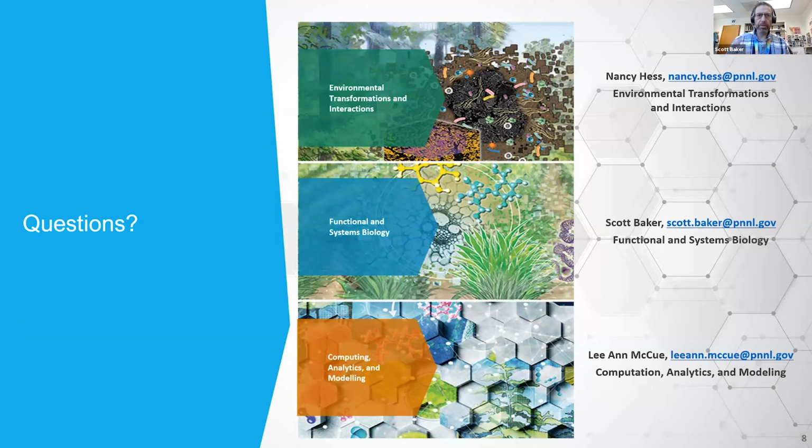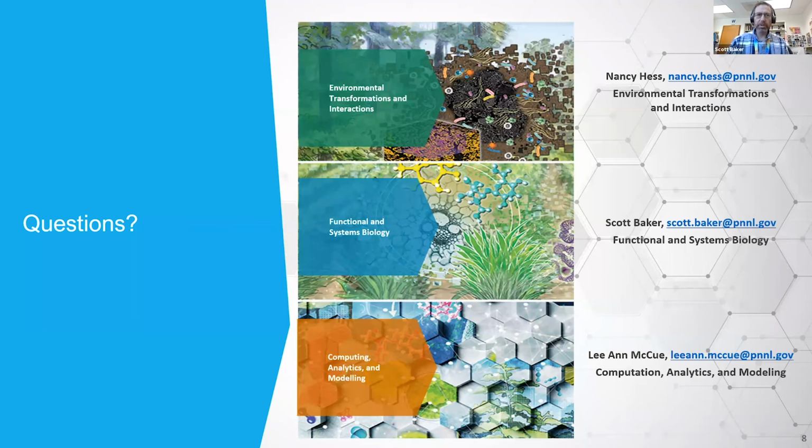There are longer term goals also in the environmental transformations and interactions area, and that's focused on developing data from a wide variety of environments across the U.S. and in the world.